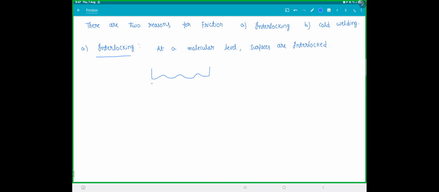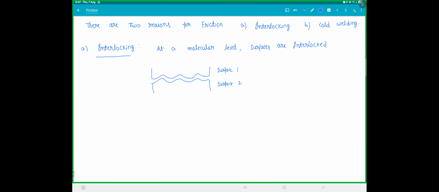What happens is the surfaces get interlocked with each other. So whenever you're trying to move the surfaces, you have to break this locking and then move. So this is one of the theories that was in place.